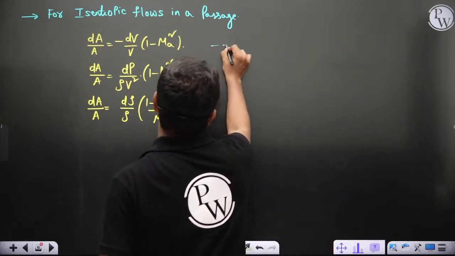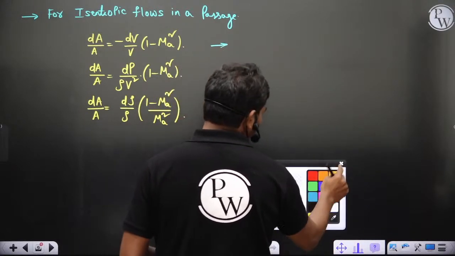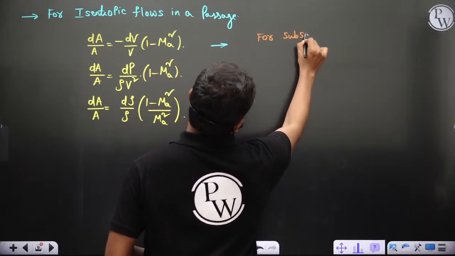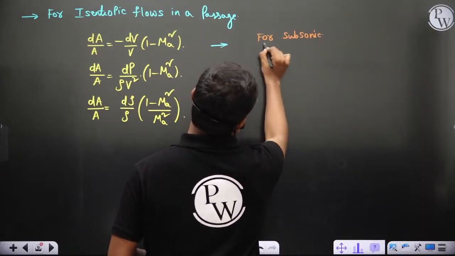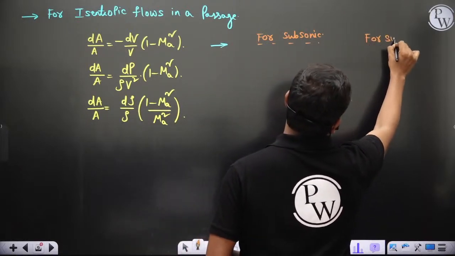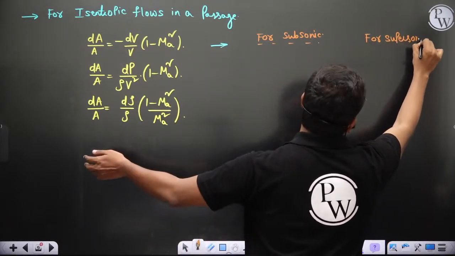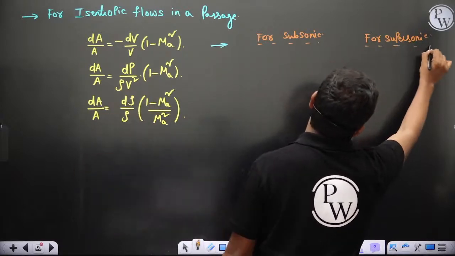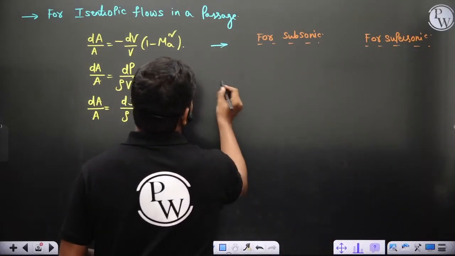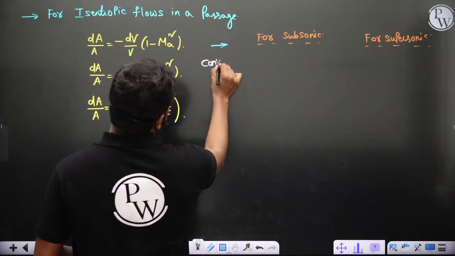So therefore you can see in case of converging nozzles for subsonic flows, and for supersonic flows, if you do the same analysis with Mach number more than 1, signs will be opposite, because 1 minus Mach square will be negative this time.